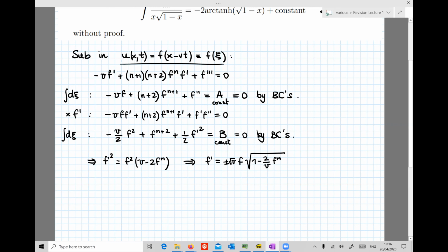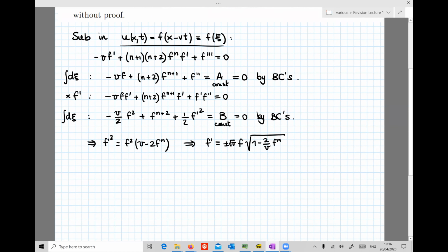Okay, so now we want to integrate this equation so we can separate variables. So we get df over f root of 1 minus 2 over v f to the n is equal to plus or minus root v d xi, which we want to integrate.